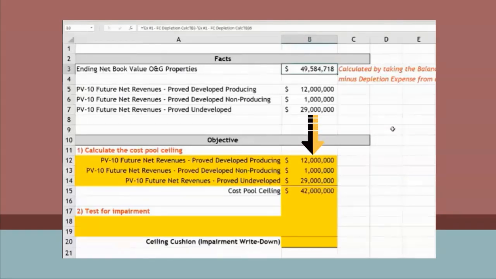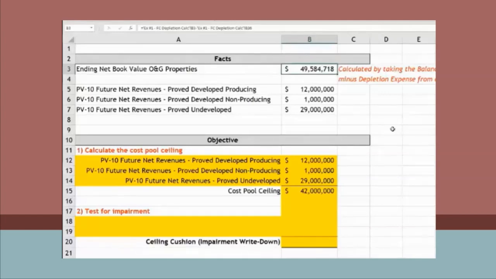Okay, so here's your cost pool ceiling. Boom. So you are going to be comparing your cost pool ceiling to your ending net book value of oil and gas properties. This considers your capitalized costs initially, and then you add in a cum DD&A, and then you add in or subtract depletion expense. So you're factoring in all of that.